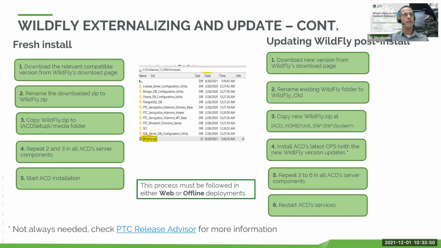Previously it was bundled, and now you'll need to do it manually prior. You need to rename the downloaded zip to wildfly.zip and copy it into the relevant folder that's specified here, the ACD setup media folder. Repeat this operation for each one of the Arbortext Content Delivery server components that are being installed, typically the publisher as well as the viewer applications. And once that's done, you simply start Arbortext Content Delivery services and you are ready to go.